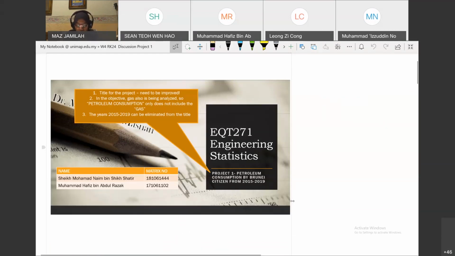If you are talking about the title, you need to understand what your data is telling you. Now, this group came up with the petroleum consumption by Brunei citizens from 2015 until 2019.